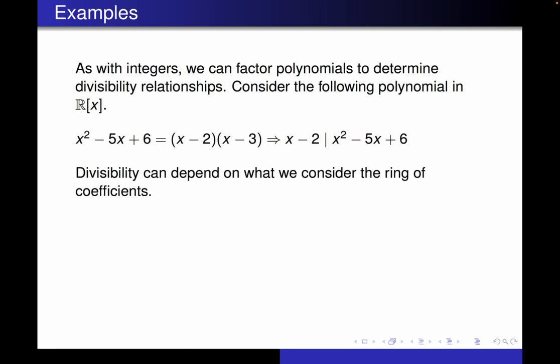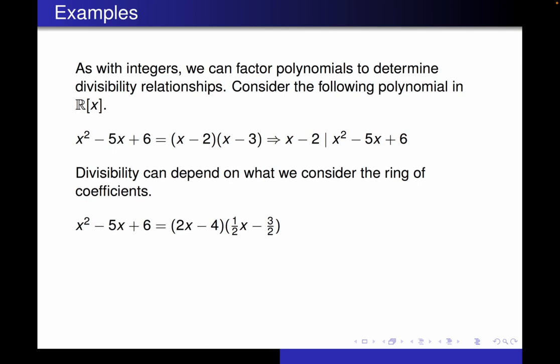One of the tricky things in this situation is that divisibility can depend on what we consider to be the coefficients. If we're looking at this same polynomial, now written slightly differently, (2x minus 4) times (1/2 x minus 3/2). If you want to know how I did that, I factored a 1/2 out of the x minus 3 and then multiplied it by 2 to get to the x minus 2.